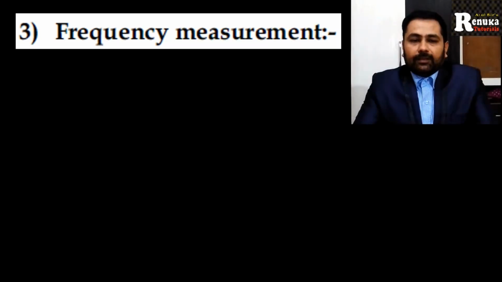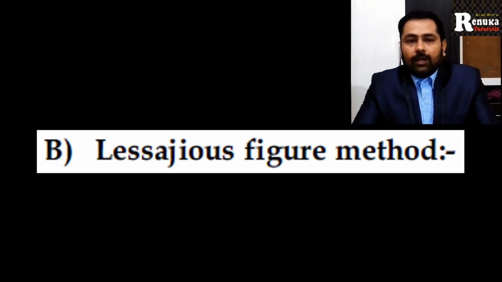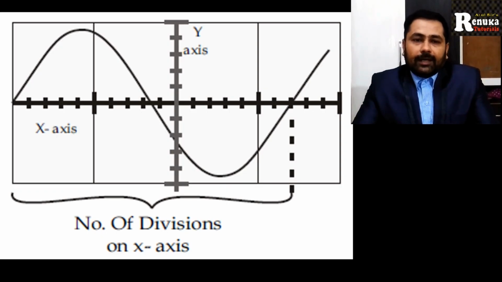Third, we can measure frequency. For frequency measurement, we use two methods. One is called the direct method and another is called the Lissajous figure method. First, we will discuss the direct method. In the direct method, the signal whose frequency is to be measured is applied on the CRO screen. You can see the sinusoidal wave shown here. Now we have to use the time axis, that is the x-axis.